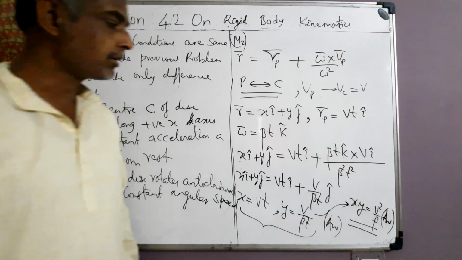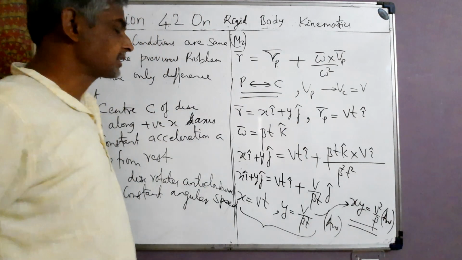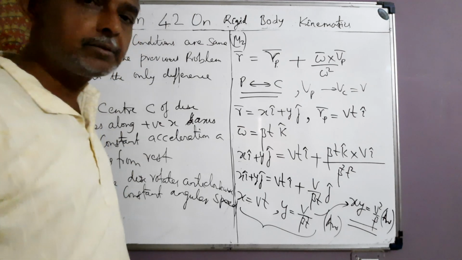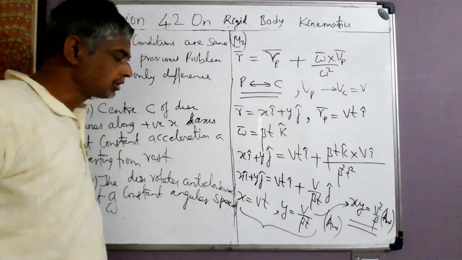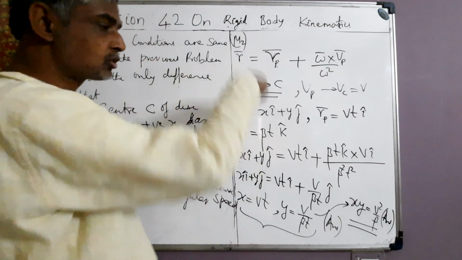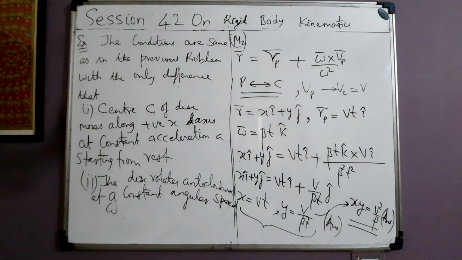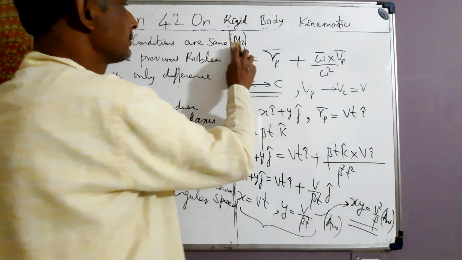Okay, and then same two things we have to evaluate. First, we have to find the x and y coordinates of IC of disk at time t, and second, we have to find the Cartesian equation of locus of IC of disk with respect to ground at time t. Again, the problem will be solved with two different methods as we did in the previous question. Fine. So now this one I rub it, okay?